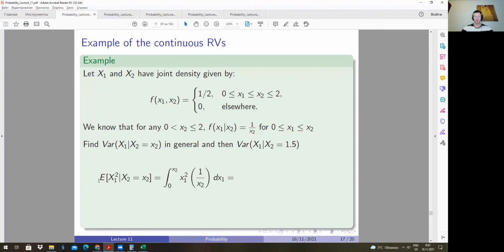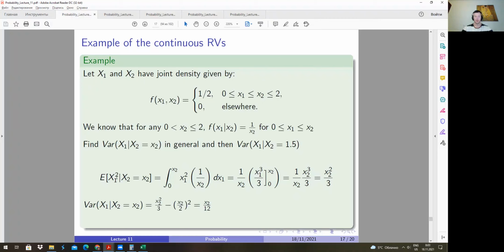So first of all, we need to calculate the expectation of x1 squared, where I plug x squared here. Take 1/x out of the integral. Inside I have x1 cubed over 3. Then instead of x1 I plug x2, so minus 0. So x2 cubed over x is x squared over 3. This is my expected value of x1 squared.